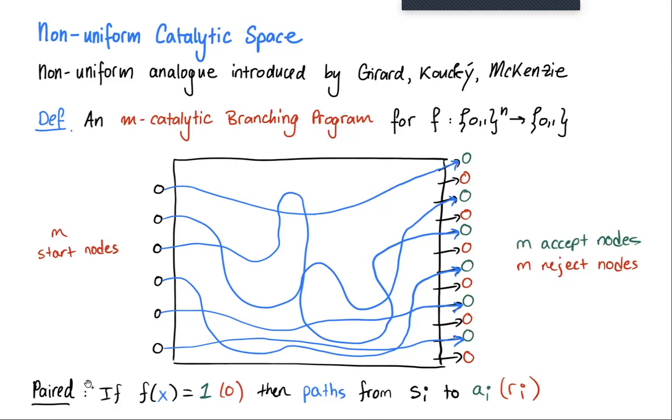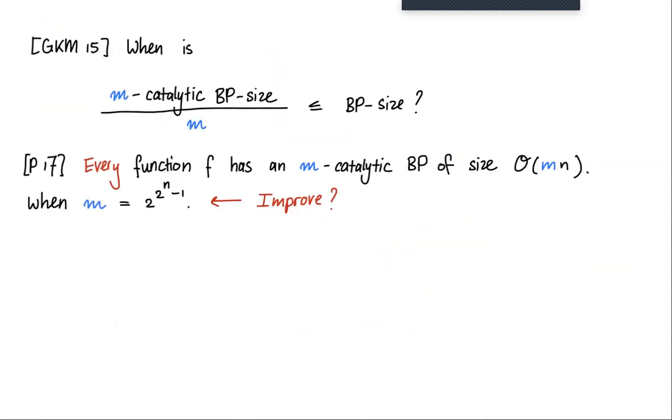So if f of x equals 1, then we have paths from Si to Ai. And if it's 0, then we have paths from Si to Ri. But they're always paired, these S's and A's and R's. That's very special about these catalytic branching programs.